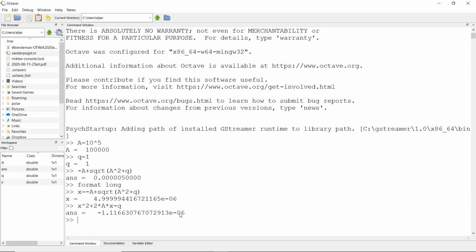MATLAB and Octave take numbers which are below 10 to the power of minus 16 to be 0. So this minus 1.1 times 10 to the power of minus 6 is not considered 0 by Octave. And also for us, this is already a mistake in the sixth digit. So really, this method for calculating one of the solutions was not precise. And the problem is, as I've said, in this rounding.